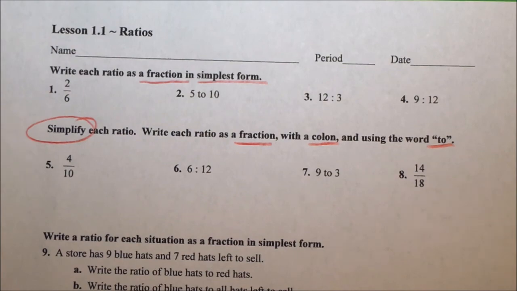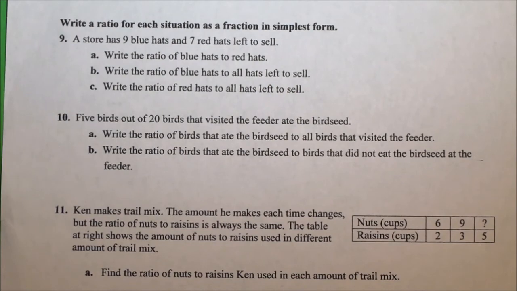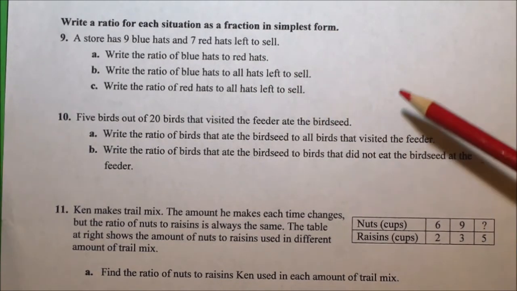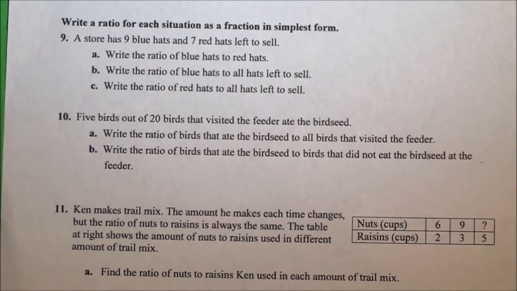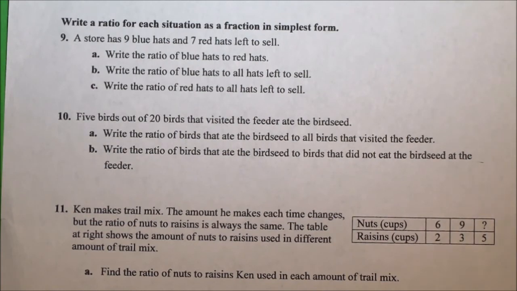All right. Okay, and then 9 and 10. There are ratios just like what we did in our notes, very similar. You're comparing hats to hats, or hats to the total, or birds visited to the total number of birds.